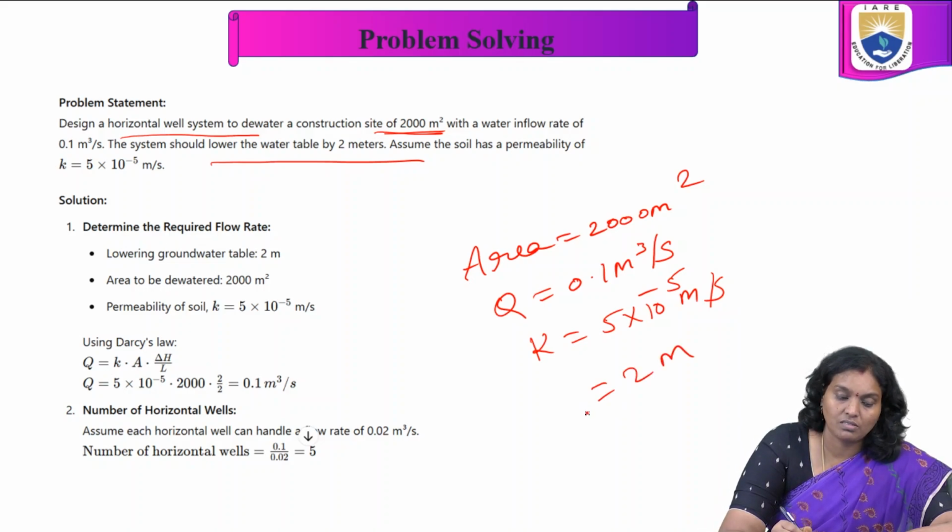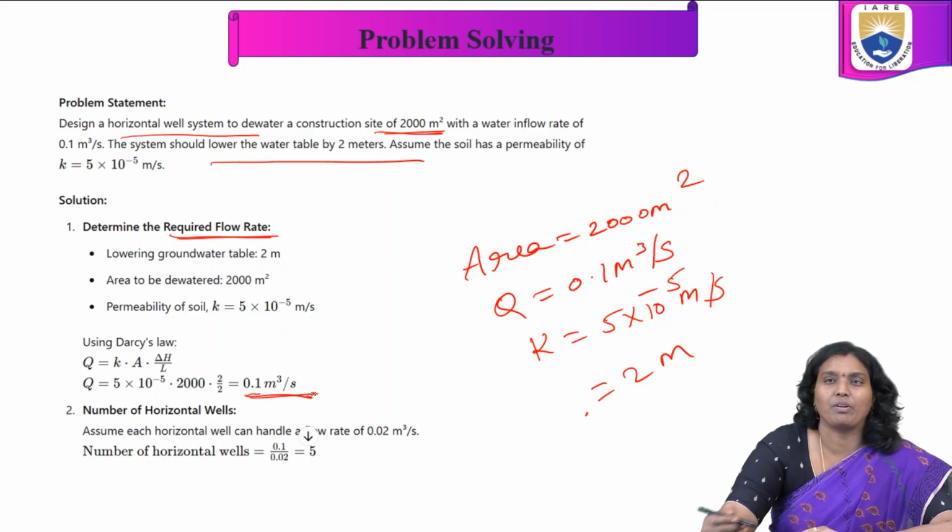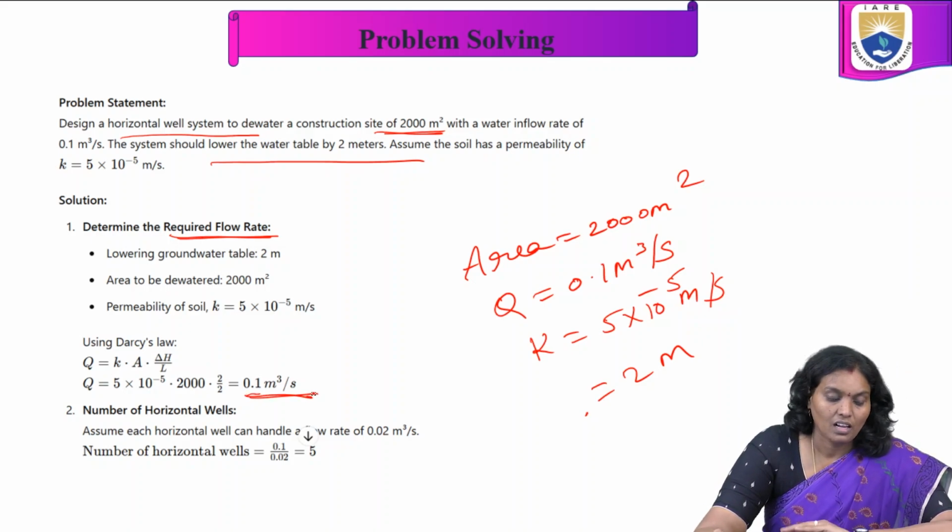So according to this, we are going to find out the required flow rate, that is equal to 0.1 meter cube per second. How many horizontal wells are required?